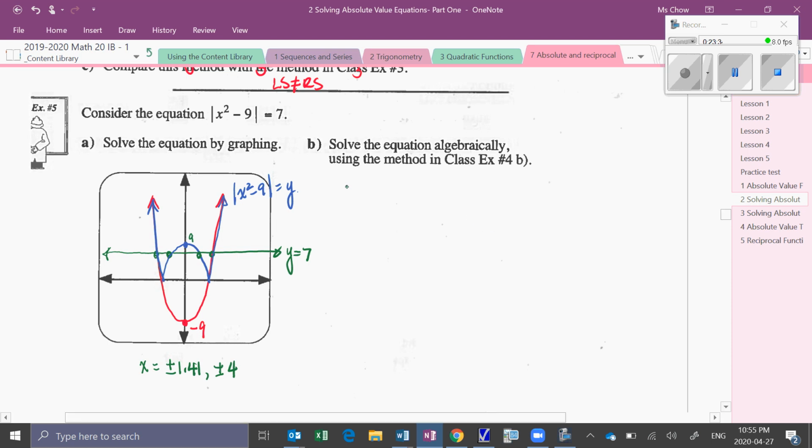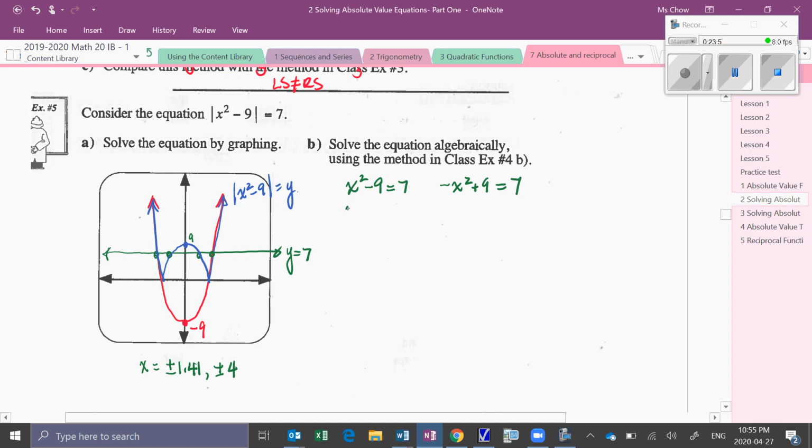So we're looking at either the positive, which is x squared minus 9 is equal to 7, or else we're looking at that negative. Remember that little hump in the middle is based on the equation of negative x squared plus 9, and that is then equal to 7. So let's go ahead and solve that.